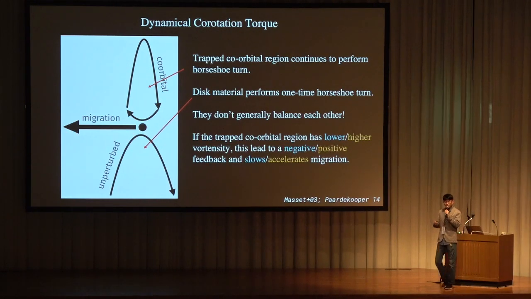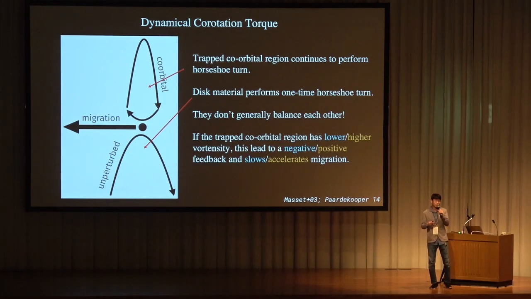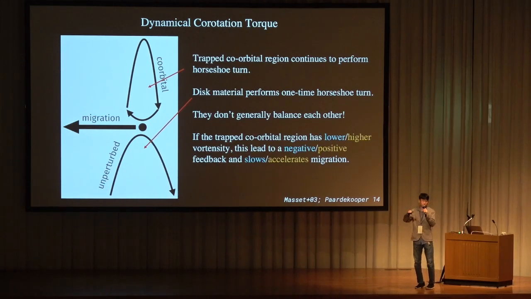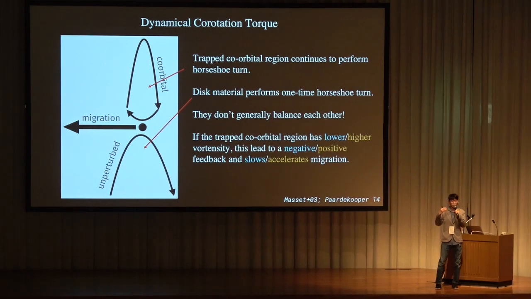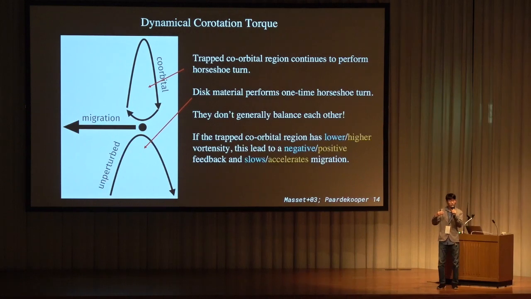And generally speaking, for protoplanetary disks, the vorticity profile is increasing inward. So if a planet is migrating inward, it starts off at a low vorticity region, moves into a high vorticity region. That leads to negative feedback. And so in that case, the orbital migration rate would slow down.